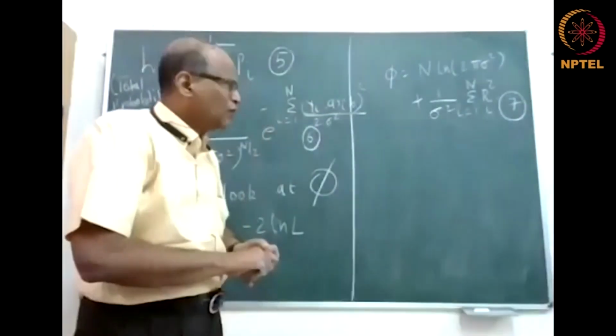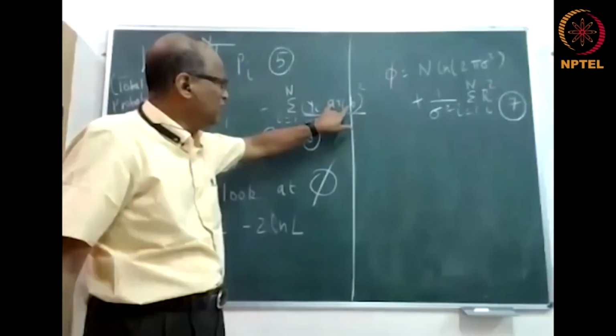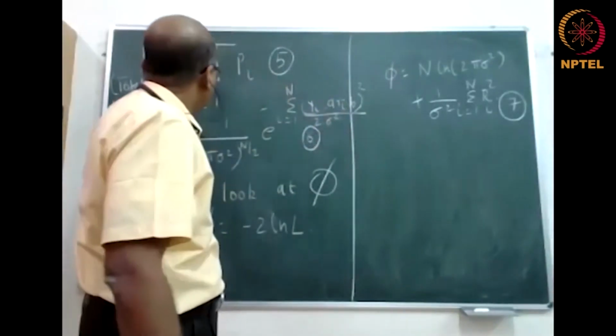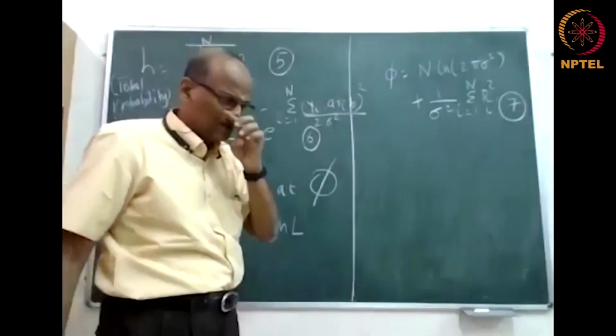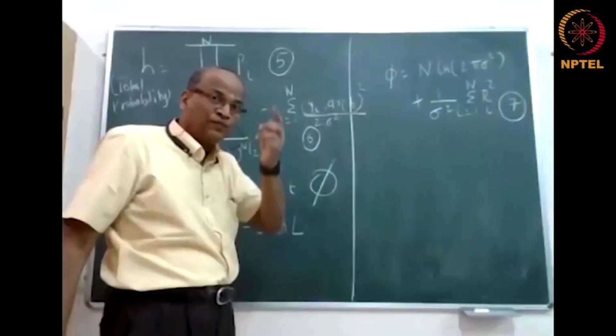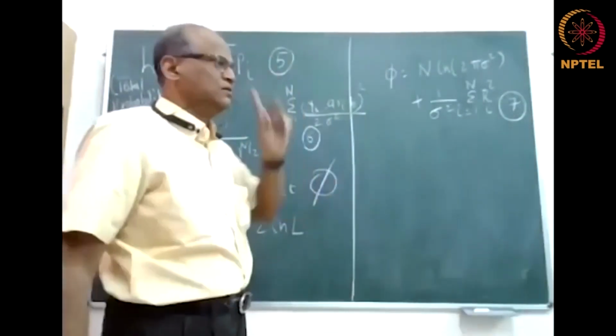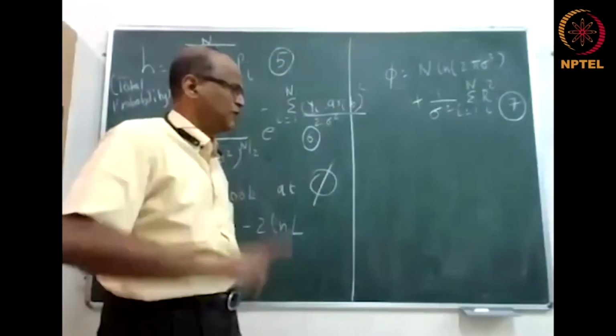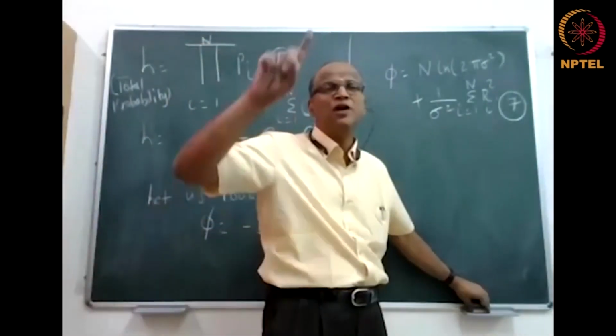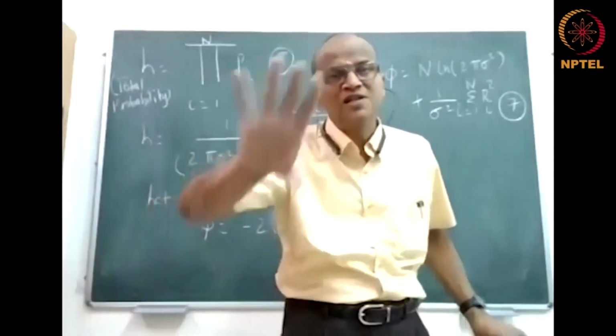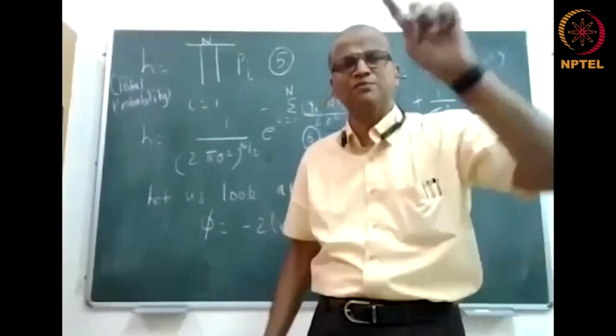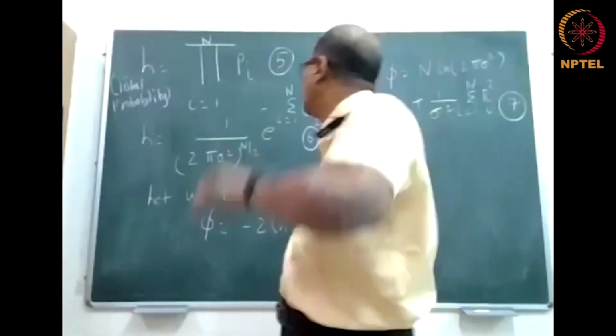I say again, what should be the value of A and B which will maximize the total probability L? If you answer that question and get the estimate of A and B, it is the most likely answer from the viewpoint of probability.